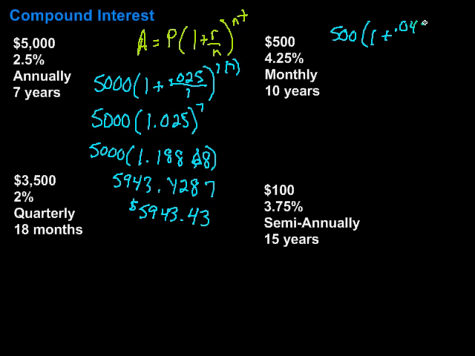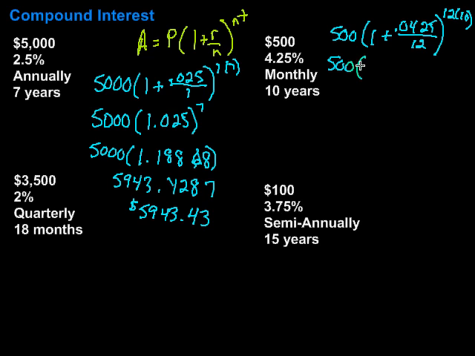In this case, it's 0.0425. Because make that percent into a decimal. All over. This is the number of times it's compounded per year. It says monthly, so that would be 12 times per year. Okay, then that 12 shows up here again, and that's going to be over 10 years. Okay, so we've got it filled in.